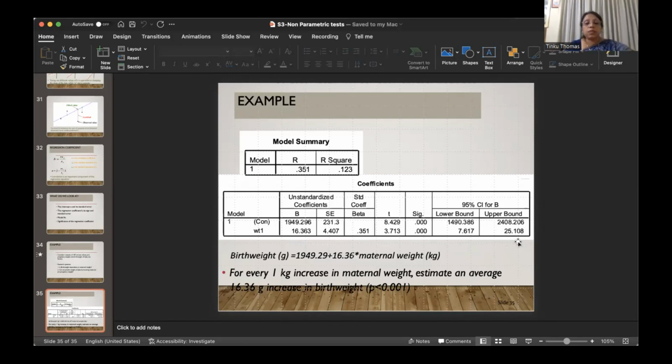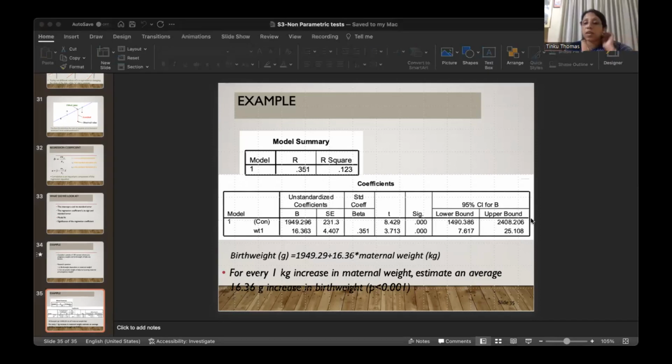So that is linear regression, but you have to be very careful while making predictions. Suppose you are using a prediction equation that somebody else had developed. You have to be aware under what situation the prediction equation was developed. Let us say I have a prediction equation for birth weight versus maternal weight, which I developed in mothers who were weighing between 40 and 70 kilograms.